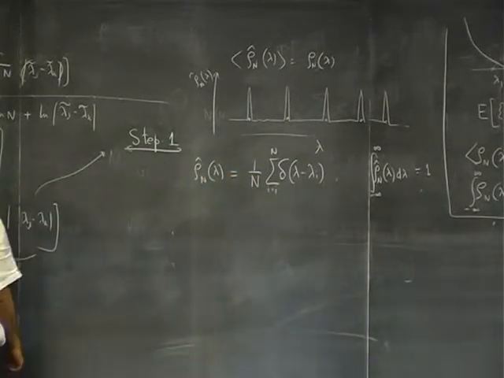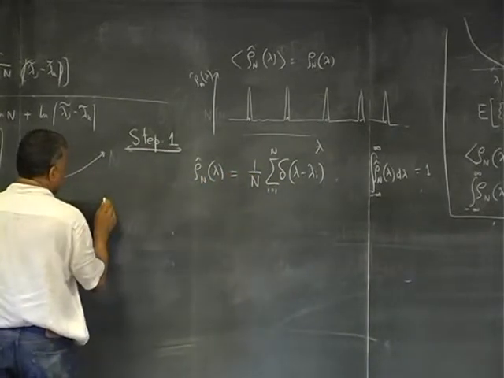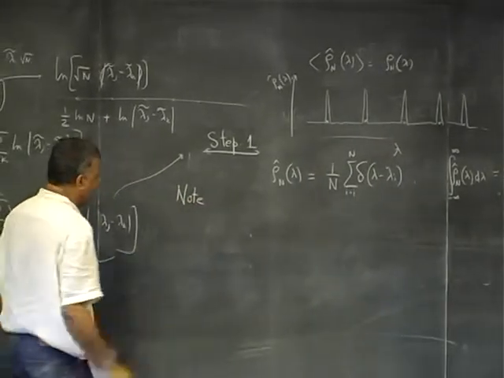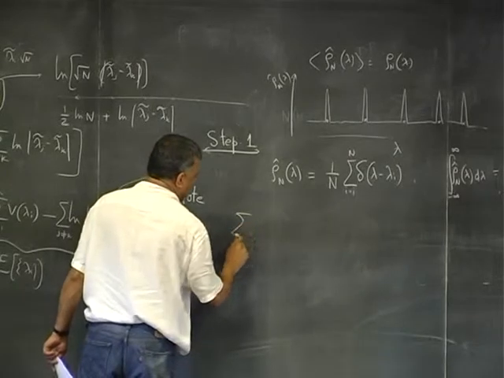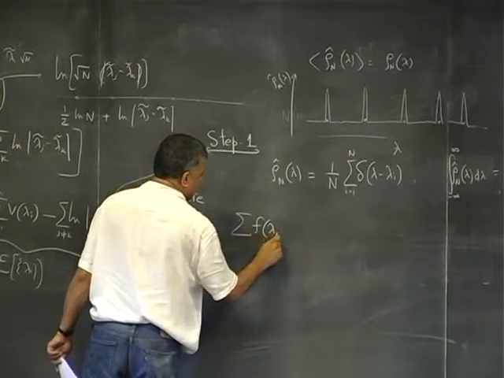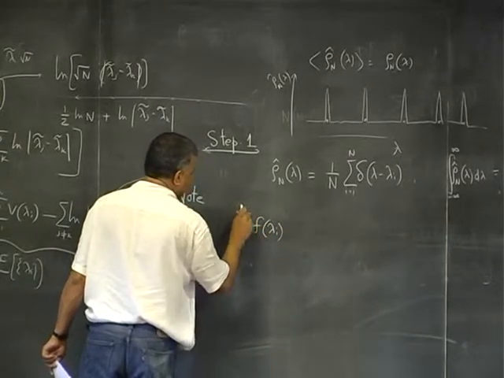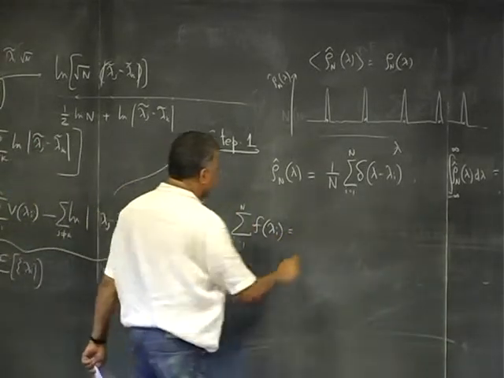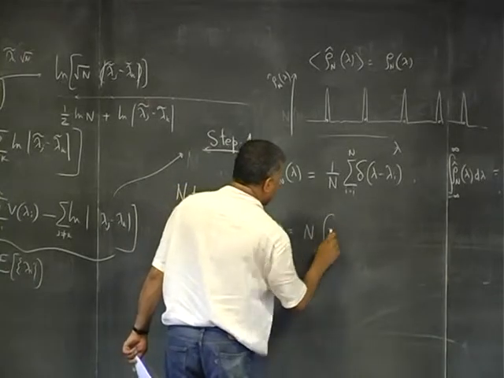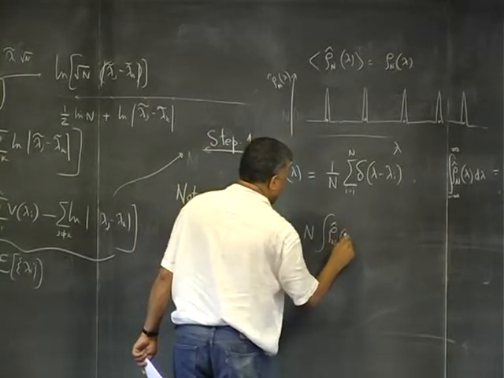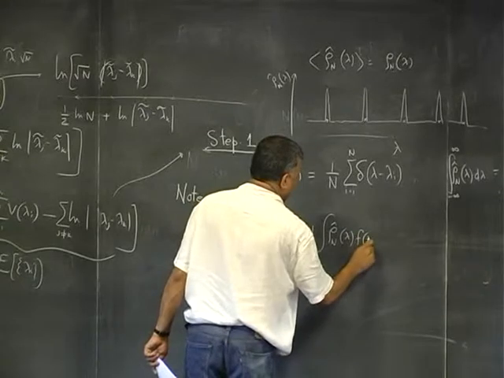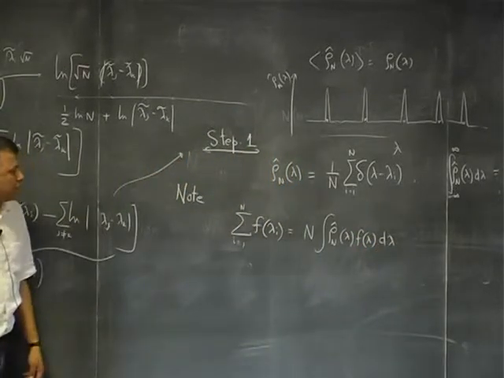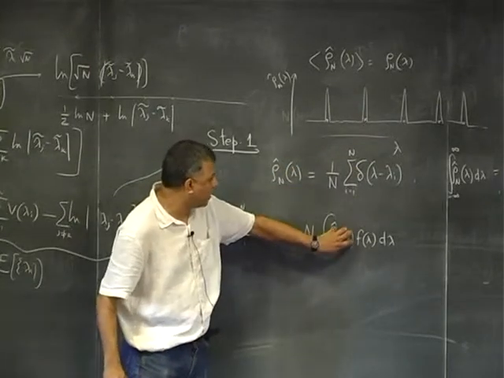So the advantage of defining this function is the following. So now note that if I take any arbitrary function f of lambda I and sum over I equal to 1 to n, that will be just n times the integral of rho n hat lambda f lambda d lambda. Is that obvious? Just substitute this formula here.